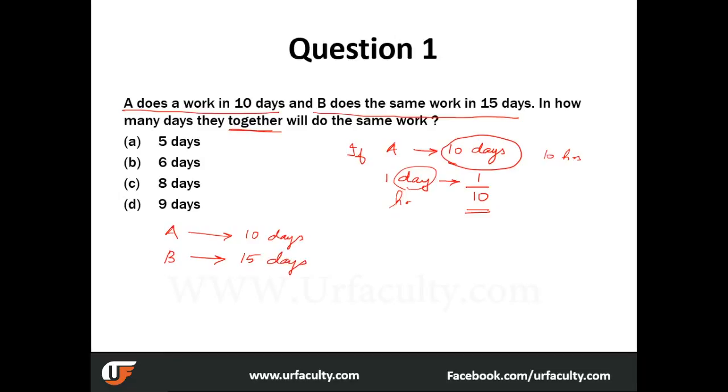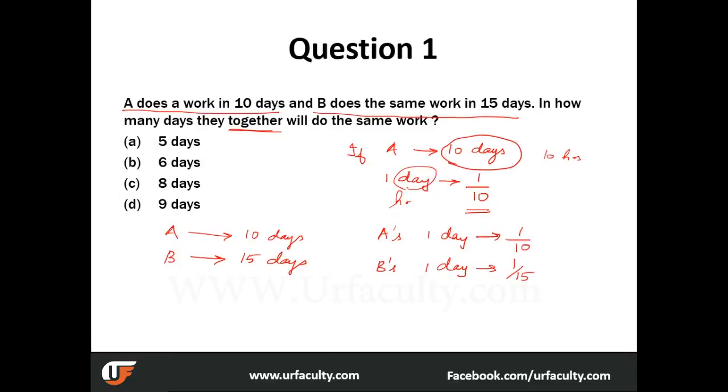So, what amount of work does A do in one day? A's work in one day is equal to 1 by 10. And similarly, B's effort in one day is equal to 1 by 15. So they both are able to complete this much task in one day, right?